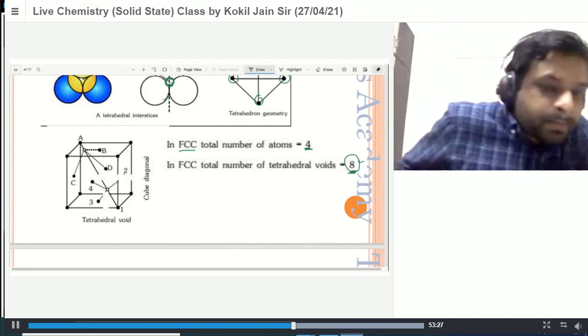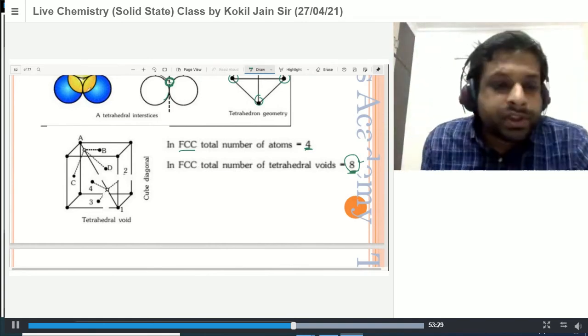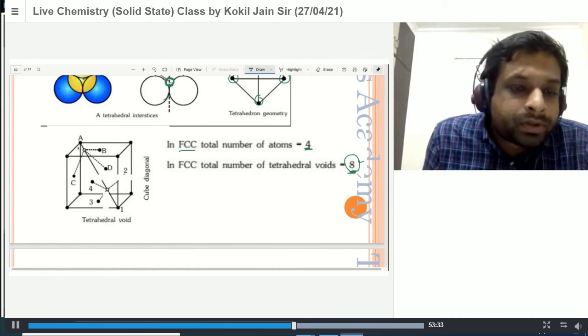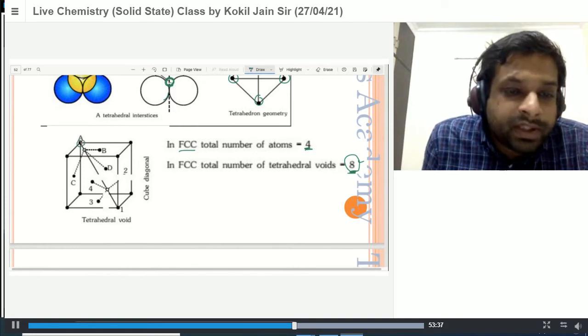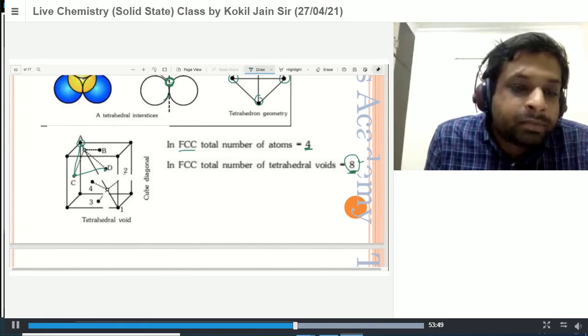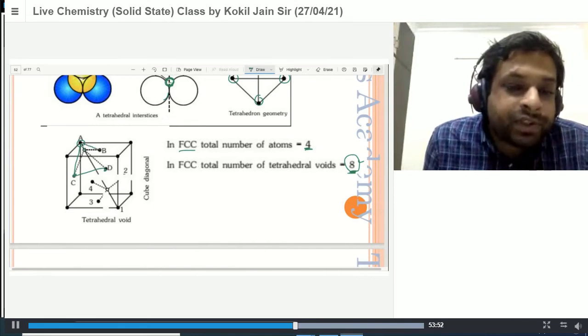First is, now see this one. Corner atom A, we are forming a tetrahedron along with these three face-centered elements. The D, which is the face center for the back side of the cube.